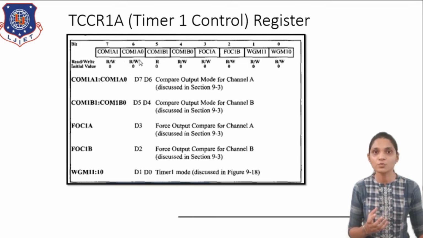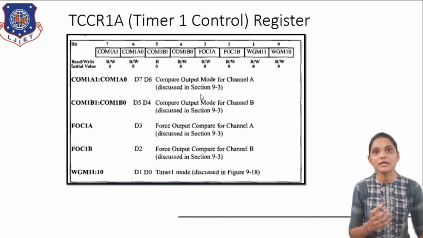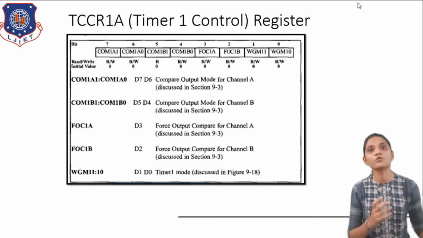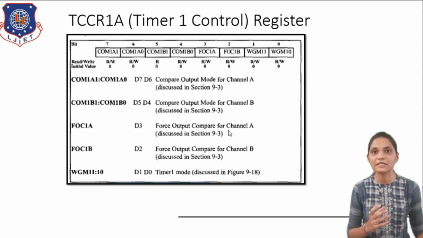So you use these 2 bits for comparing with channel A, and the next 2 bits for comparing with channel B. D3 is used to force the output compare for channel A, and similarly D2 for channel B, and D1 and D0 are used for the timer mode selection.